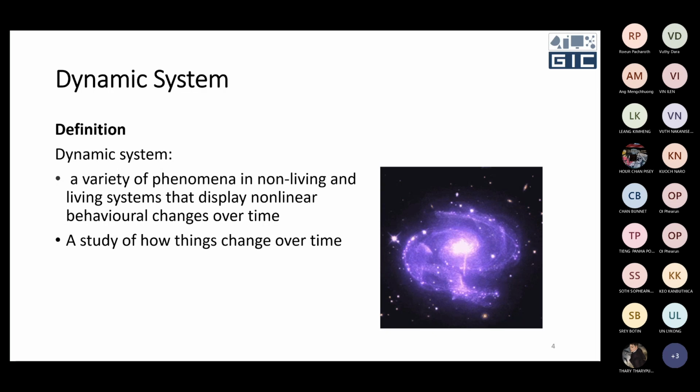So when you try to predict the change, or produce it by some motion of the system, we also call it a dynamic system.